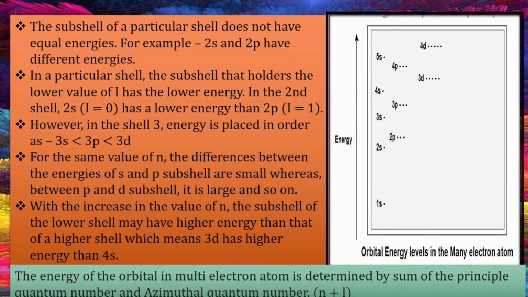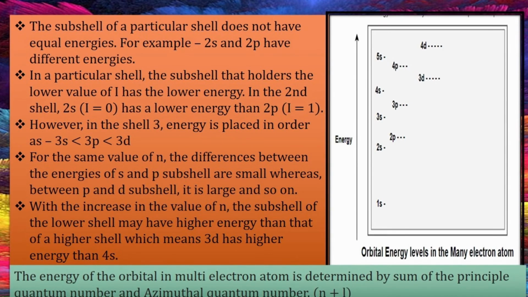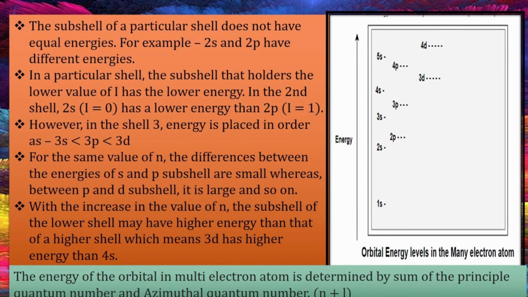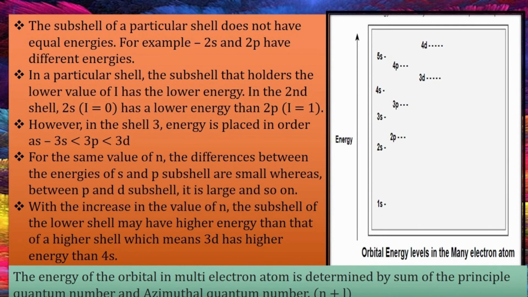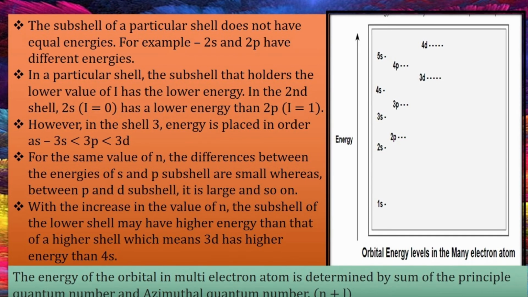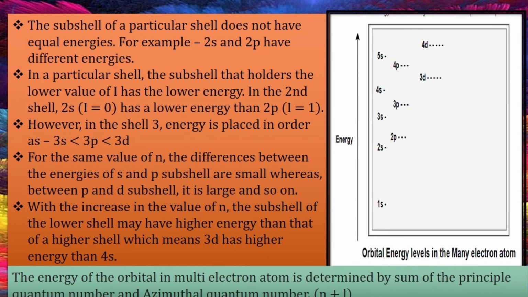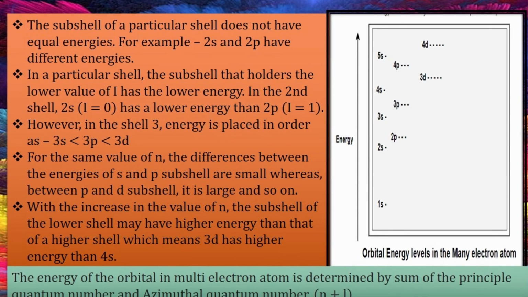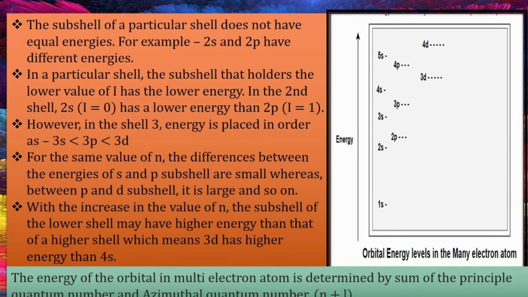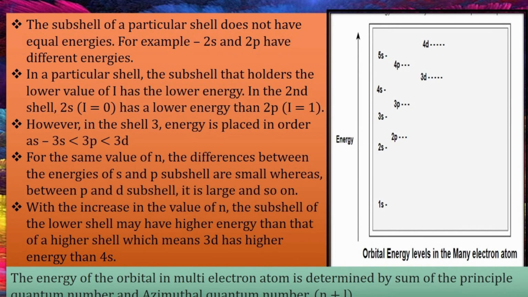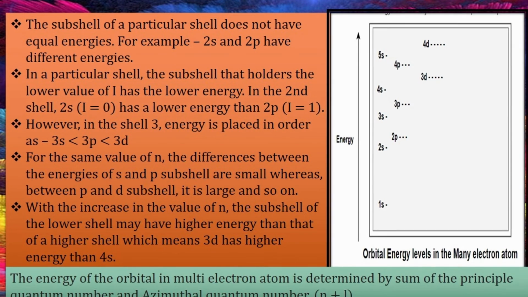However, when you consider a multi-electron atom, for the same value of n, the higher the value of l, the higher is its energy. Thus, the 2p orbital has more energy than the 2s orbital.